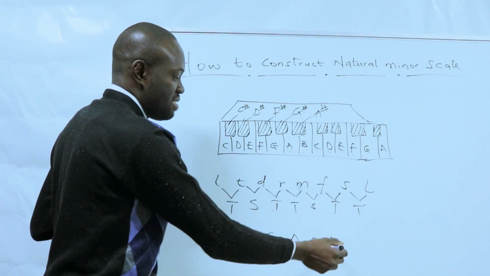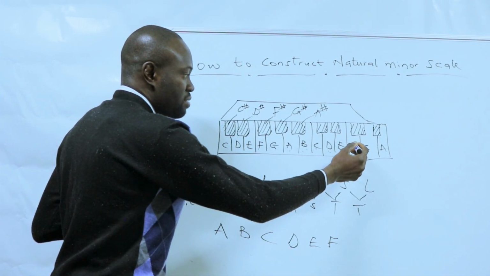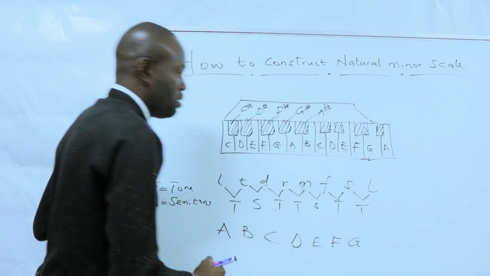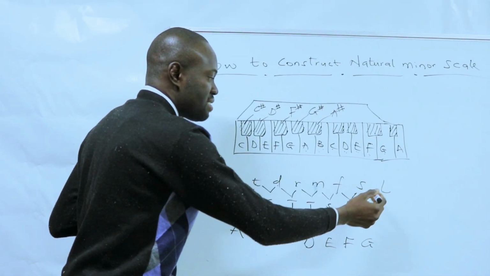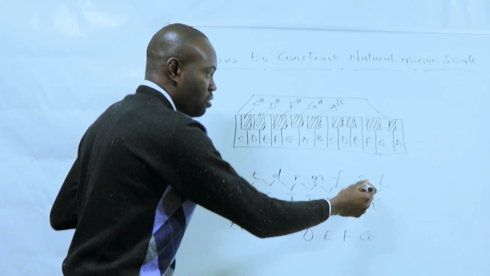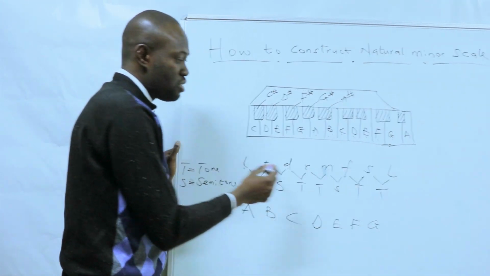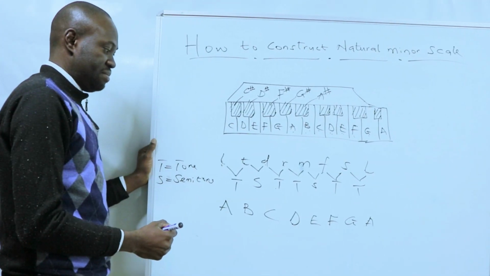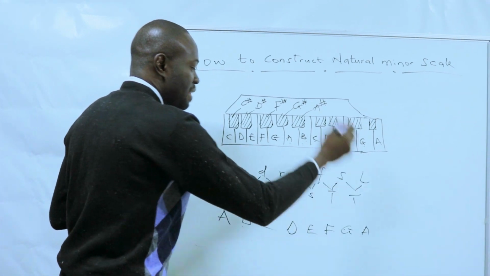Fa is F, then a tone distance after Fa is going to be G. Lastly, our La is a tone distance after Sol. By the way, our last note is always our first note. So that's going to give us an A. La, Ti, Do, Re, Mi, Fa, Sol, La.